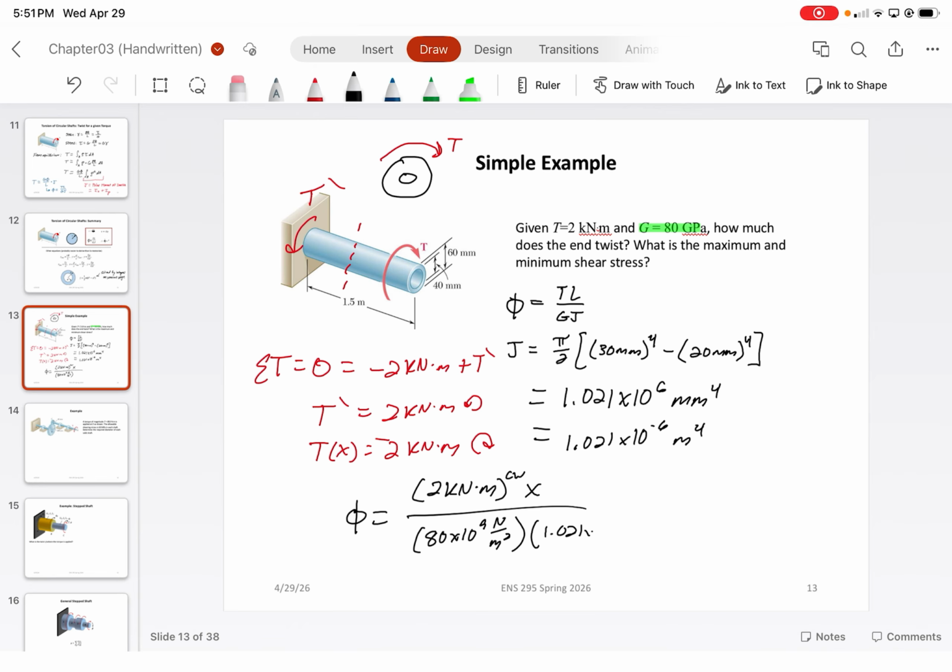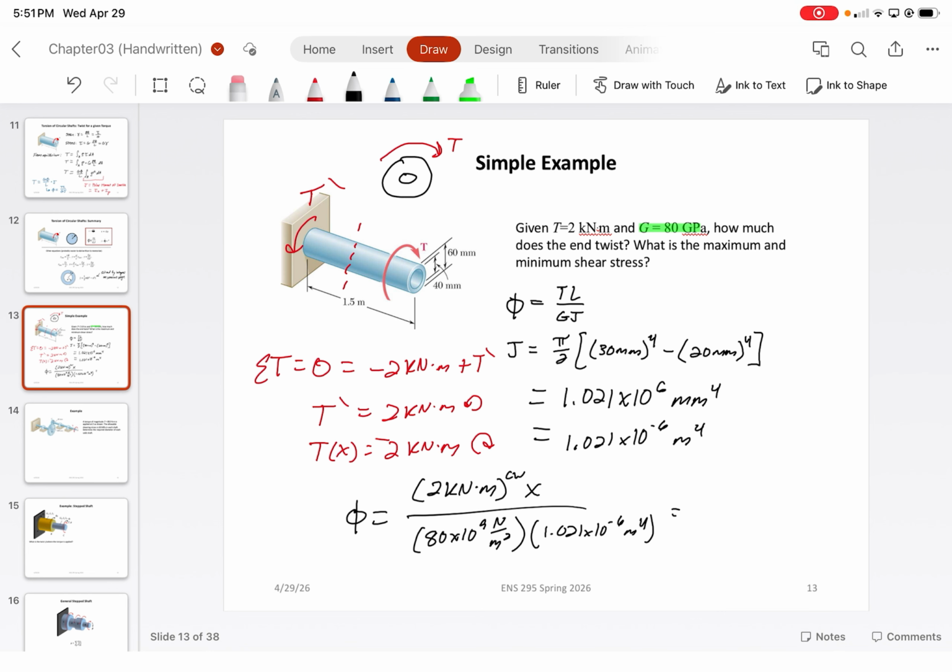And then J was 1.021 times 10 to the -6 meters to the fourth. So we throw all of this in, and we basically get an angle of twist.